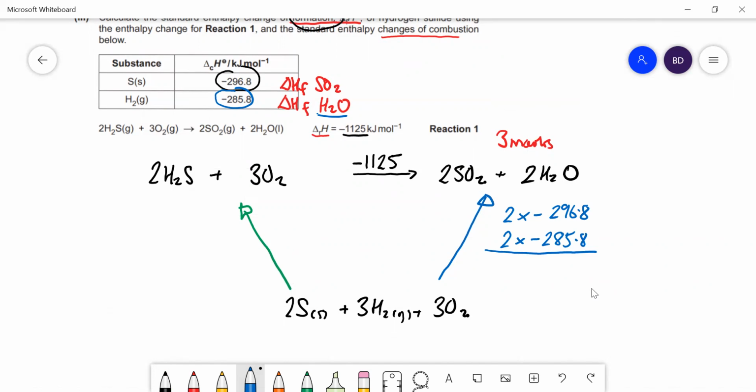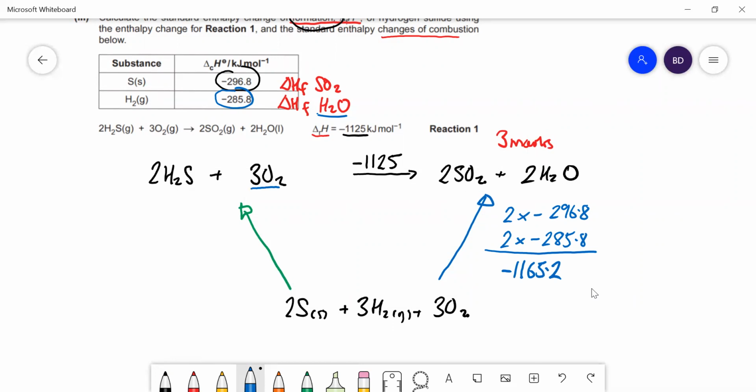So we add all that lot up together and we get minus 1165.2 kilojoules. Now this one, obviously the delta H of formation of oxygen is 0, element in its standard state.